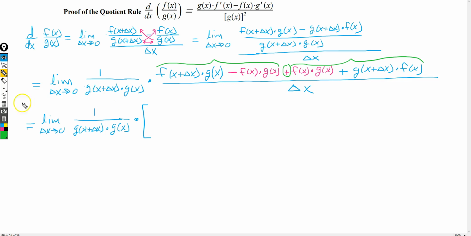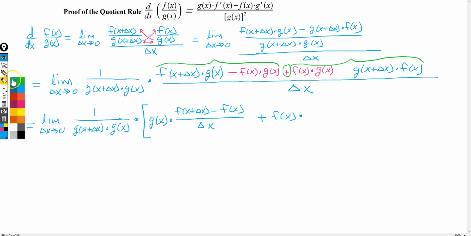So let's see what we get. I see I have one error right up here. That term right there should be a minus. See, this minus right here comes from that minus right there. Okay.